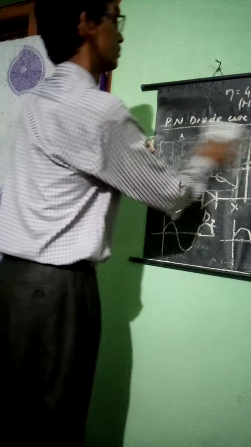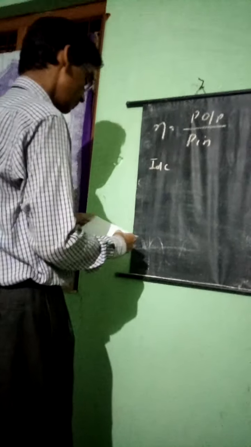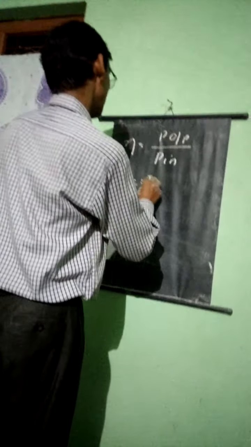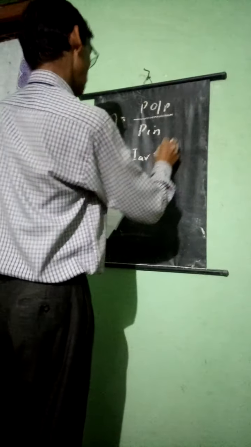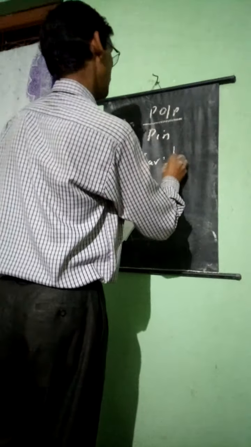In the case of a full wave rectifier, the defined part is IDC. That IDC is equal to I average, which is equal to 1 by T by 2, integrated from 0 to T by 2, of V naught sin omega t divided by RF plus RL, into dt.